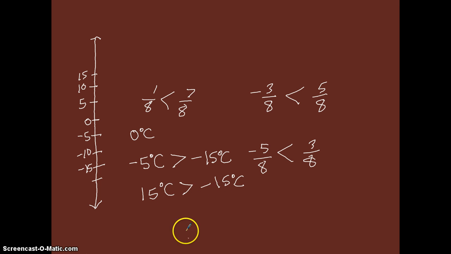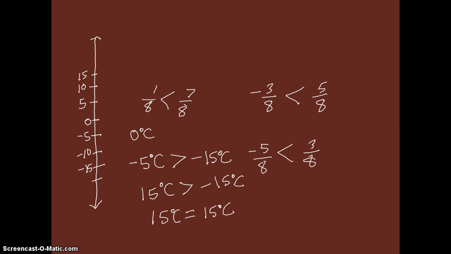Therefore, these are opposites. Let's say I had 15 degrees Celsius on Monday, and then I had 15 degrees Celsius on Tuesday. We would say that these are equal. 15 degrees, 15 degrees, they're both positive, so they're going to be equal. So there you go. That's just an example of how in the real world you can see how to make comparisons.